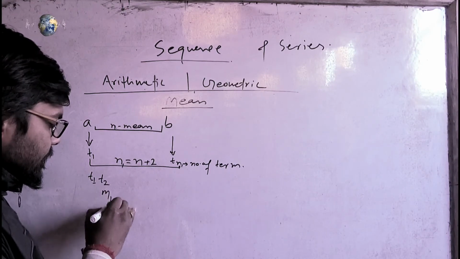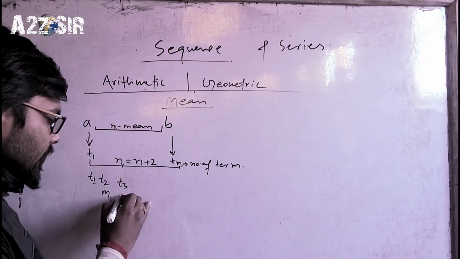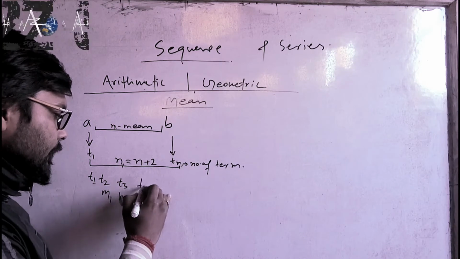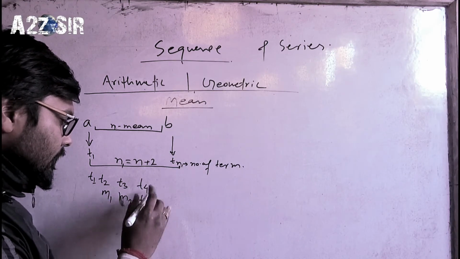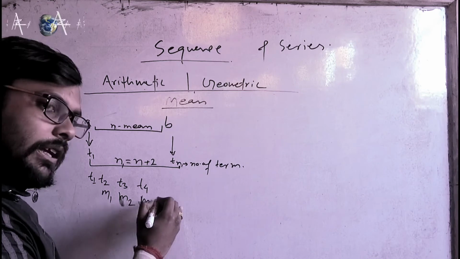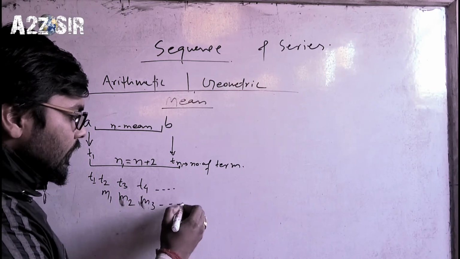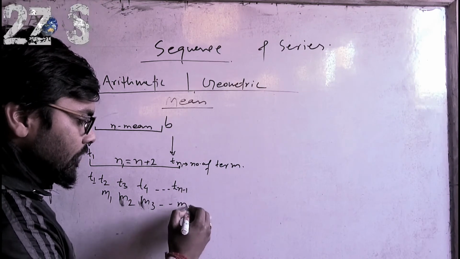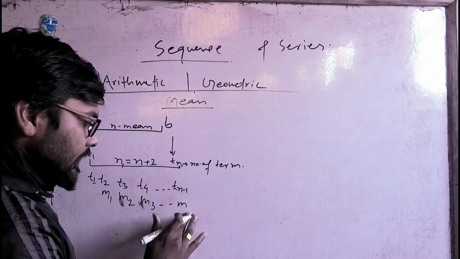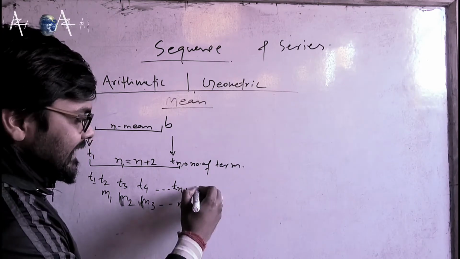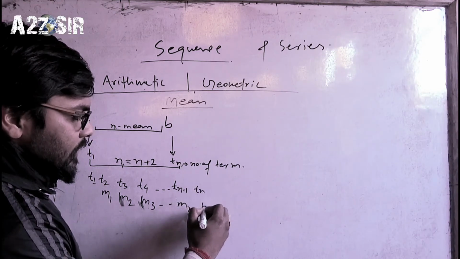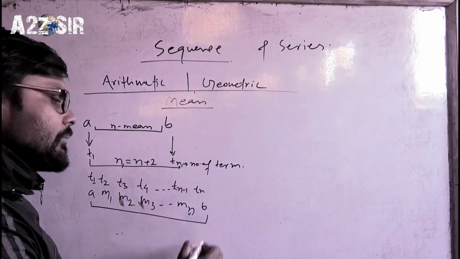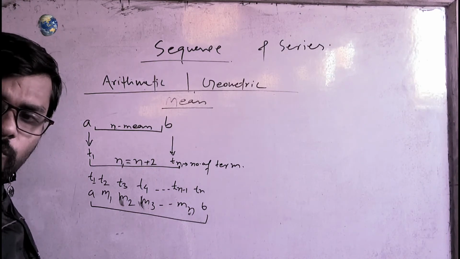This one is the first mean, T3 becomes the second mean, T4 becomes the third mean M3, and in this way Tn minus 1 becomes the nth mean of the series, Tn is the last term, and this becomes B. So A and B cover all elements between M1 to Mn.